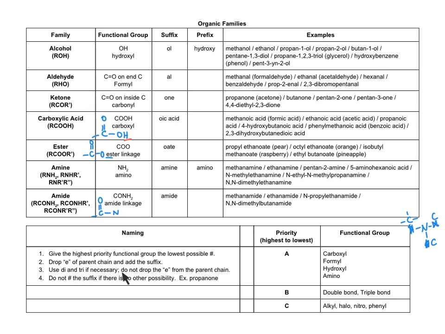So if we do have multiple functional, let's say OH, so hydroxyl groups in a molecule, then we don't drop the E, right, from the parent chain. Otherwise, we do drop the E. So you're very commonly going to be dropping the E. Notice this, propan-2-ol, we drop the E. Butan-1-ol, instead of butane, we drop the E. So very commonly you do that.